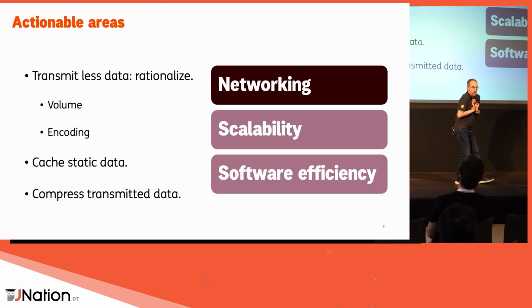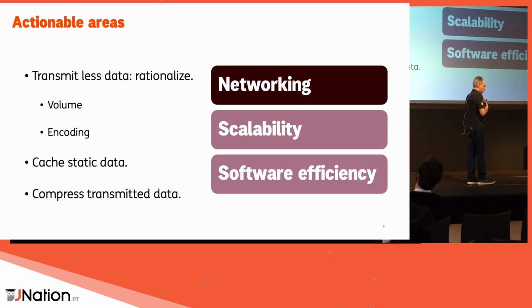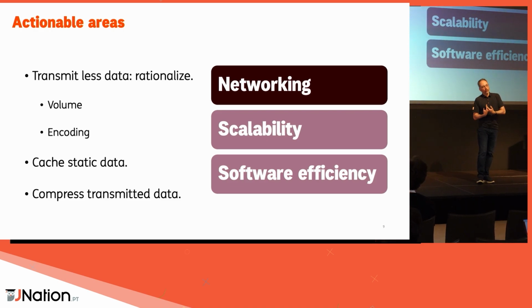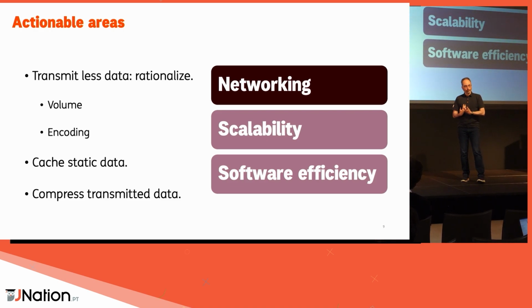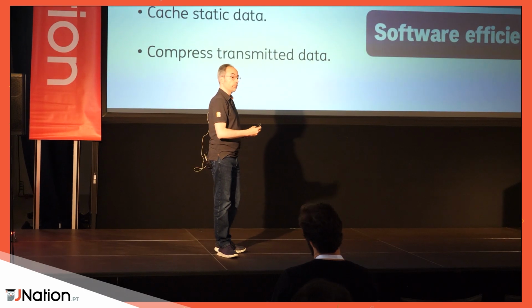What can we do about it? Well, we can go back to the basics and start caring about the way we develop software. We have 3 big areas where we can do things. We can change the way we go about our networking capabilities.